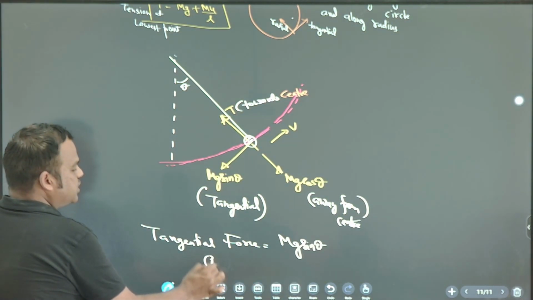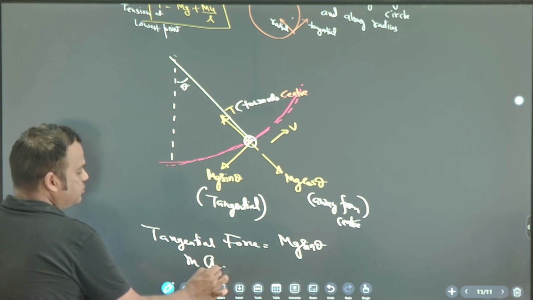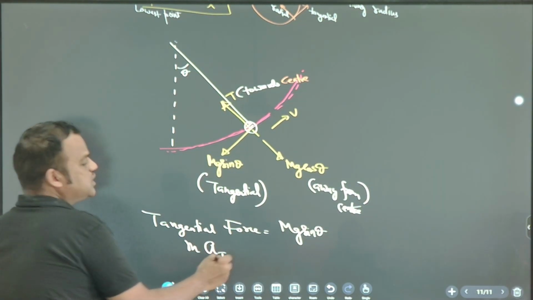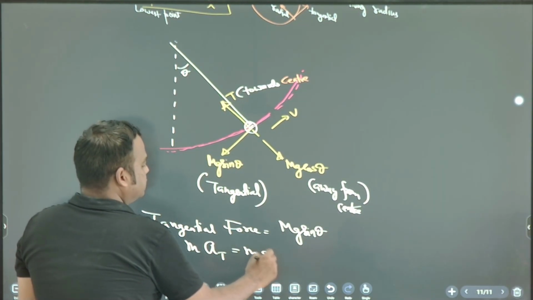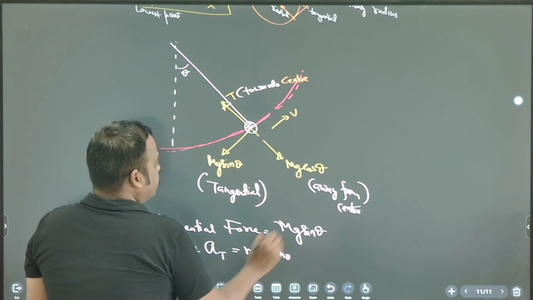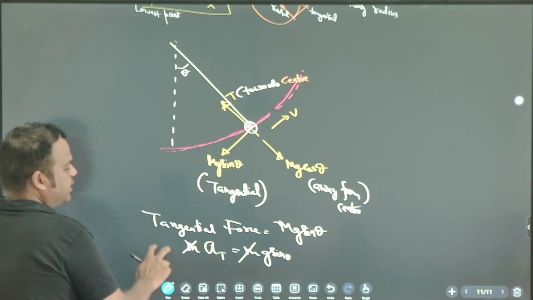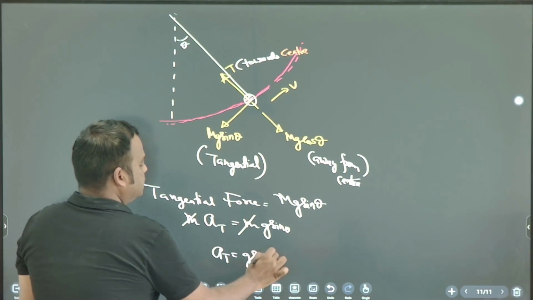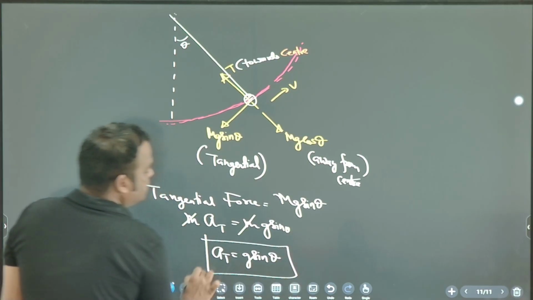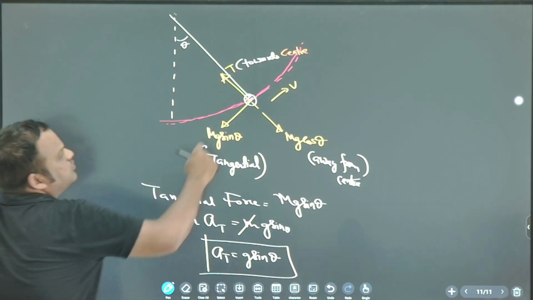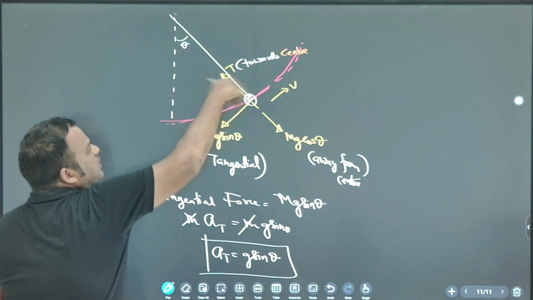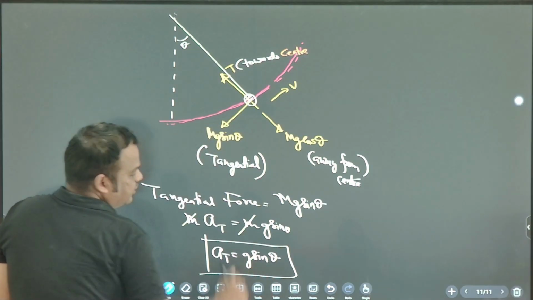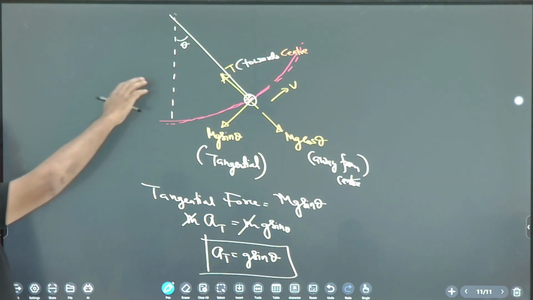What is the formula for tangential force? Mass into tangential acceleration. So that is equal to mg sin theta. The m's cancel. So what is the tangential acceleration? g sin theta. So acceleration along the tangent is g sin theta. Clear?